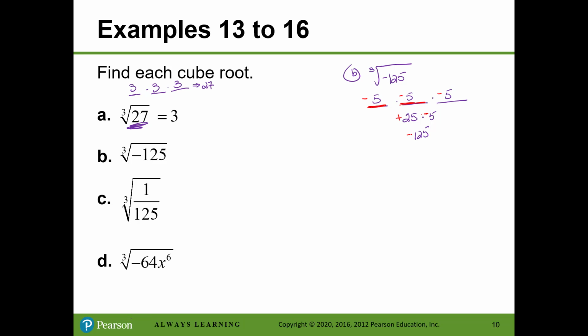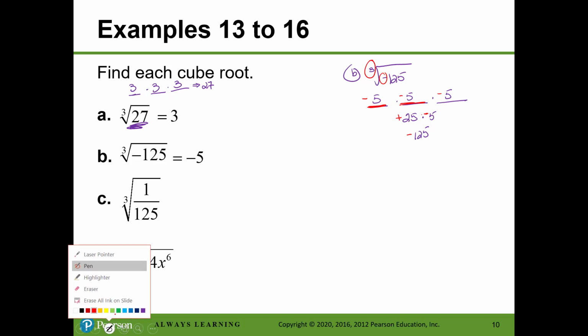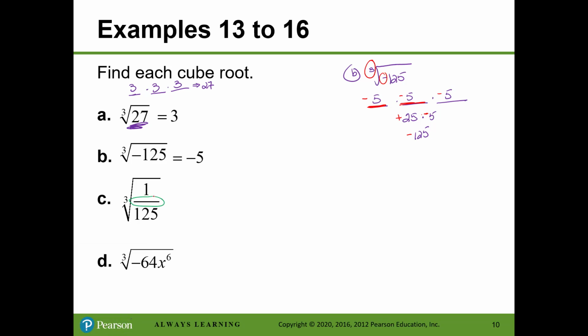So, is it possible to take the cubed root of a negative number? Correct. The answer is yes, which is why in this case, letter B has an answer of negative 5. Good? Okay. Let's take a look at letter C. Remember, this fraction is a division sign, which means it's not superglued.